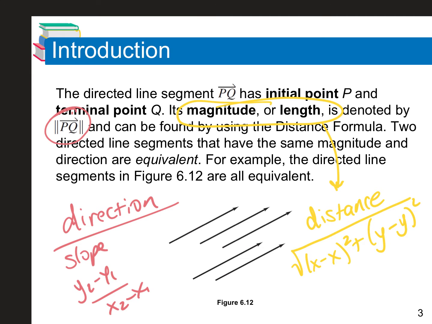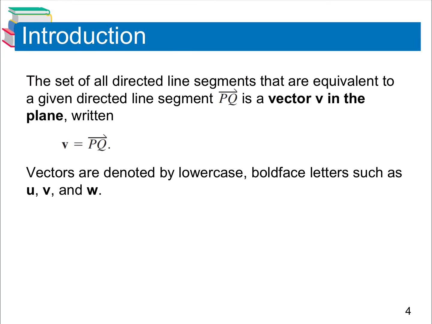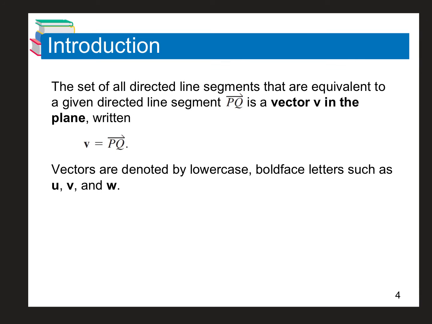If you have a directed line segment that has the same magnitude and same direction, they're called equivalent. What does the word equivalent mean? The same. So if they're the same length and they have the same slope, then they are equivalent vectors. Everybody understand that?